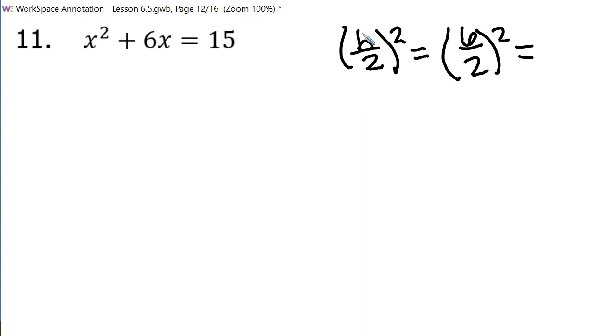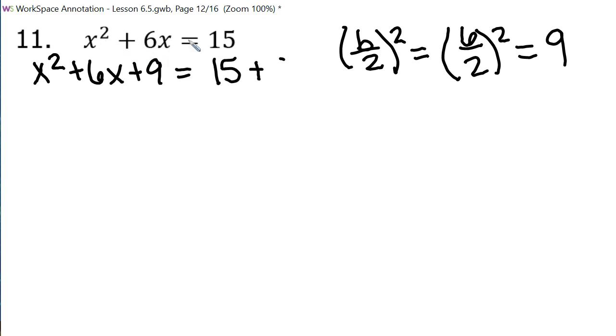And what is 3 squared? 9. What do I do with that 9? Add it to both sides. So that would be x squared plus 6x plus 9 equals 15 plus 9. So make sure that missing number is added 1 time to the left side, 1 time to the right side.